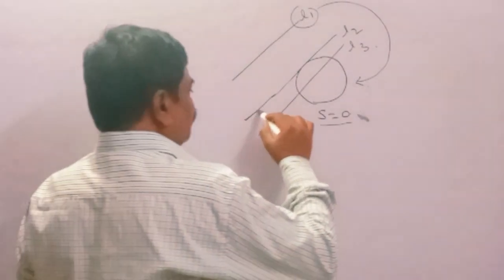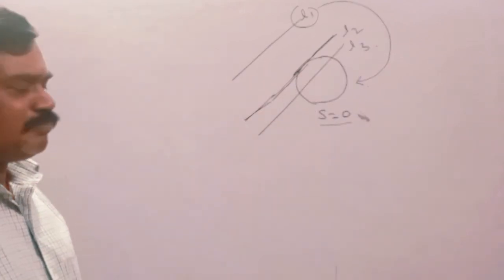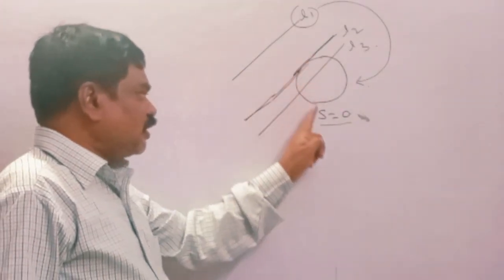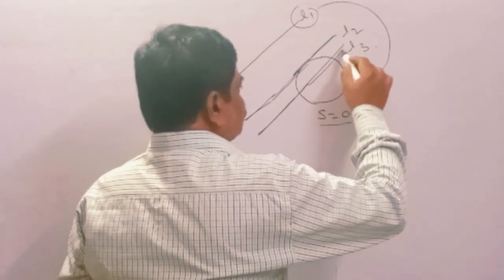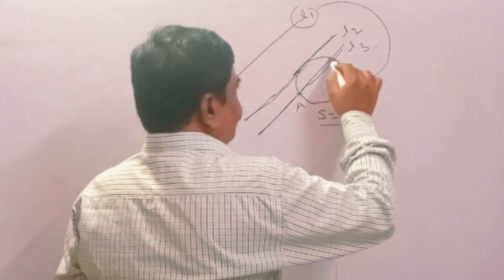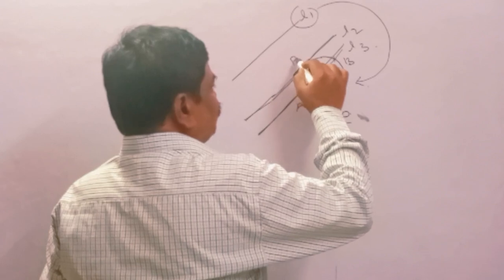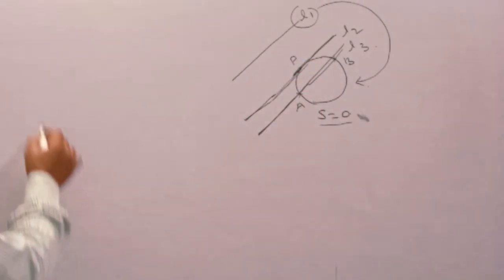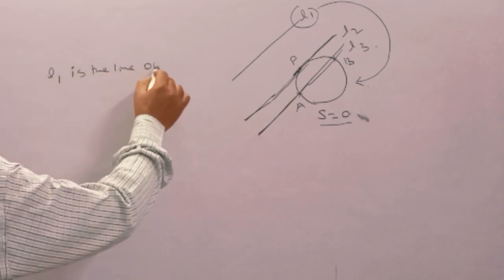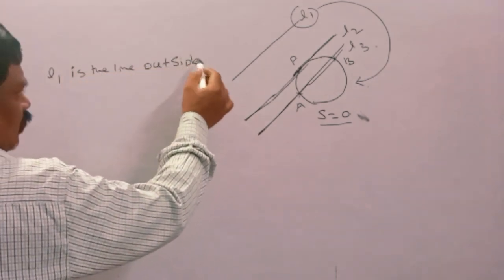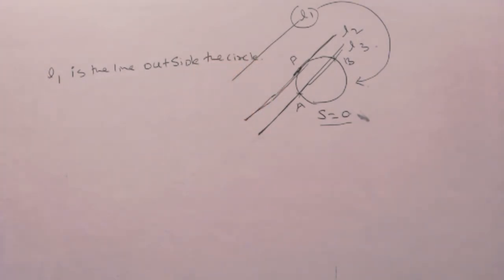And you observe here, this line touches this circle, and this line cuts this circle in 2 points A comma B, and this line touches this circle at the point P. Then line L1 is the line outside the circle. There is no connection with this circle.